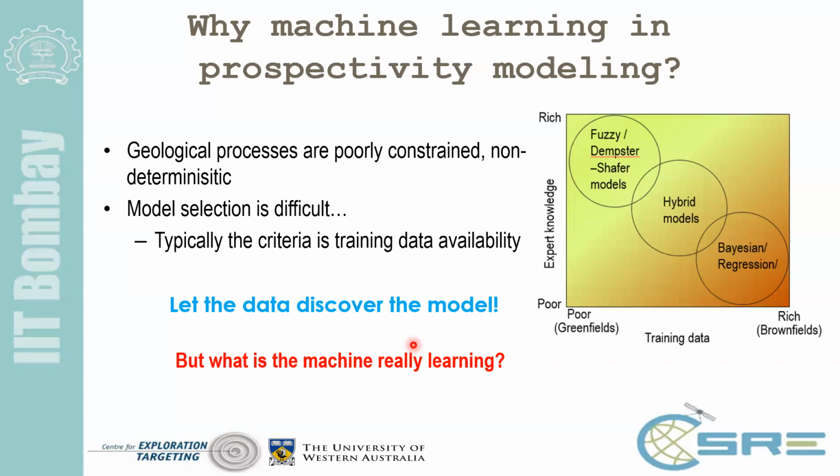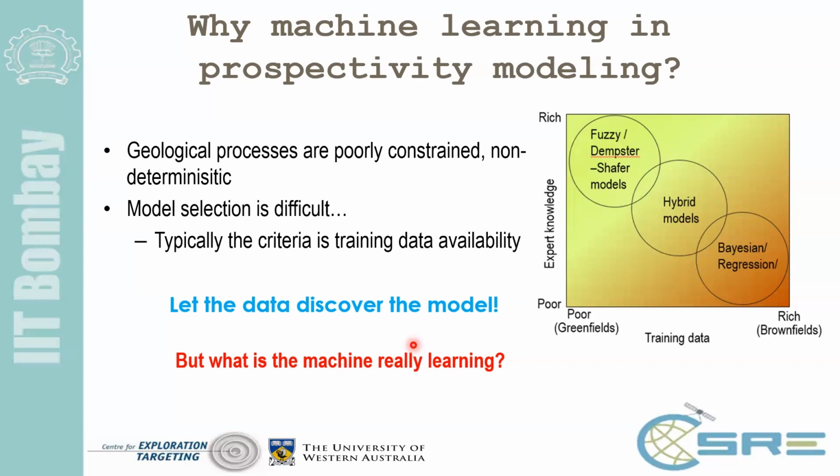So machine learning is actually letting the data discover the model, and we are typically dealing with brownfields targets where there are already a number of deposits occurring. But the main question is, and in fact, when I was preparing this presentation, I had in my mind an audience who is probably more machine learning and data science oriented, at least the majority of them.